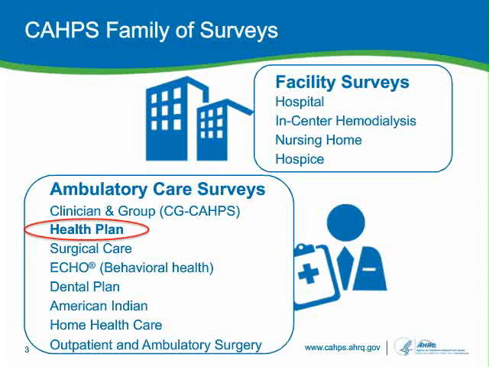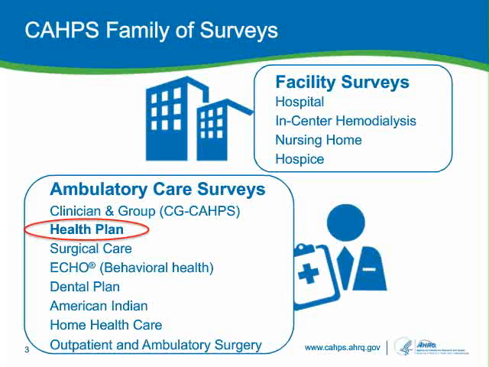We have the health plan survey, which is what you're going to be hearing about today. We also have a survey that looks at surgical care, the ECHO, which measures care with behavioral health services, a dental survey, an American Indian survey, home health care, and then an instrument that looks at outpatient and ambulatory surgery care.